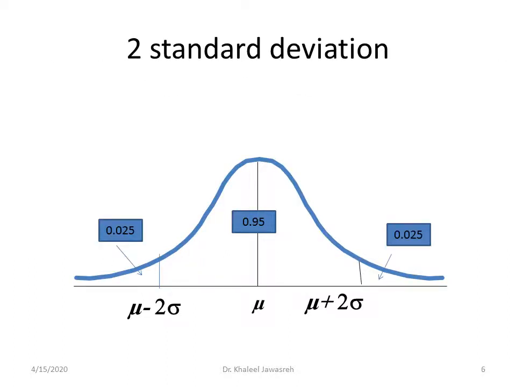Now, if we go 2 standard deviations, we will cover 95%, and the two ends will be divided into 0.025 and 0.025. Again, if we sum the three areas together, they will equal 1. So if we move just 2 standard deviations above or below the mean, we are talking about 95% of the total area.